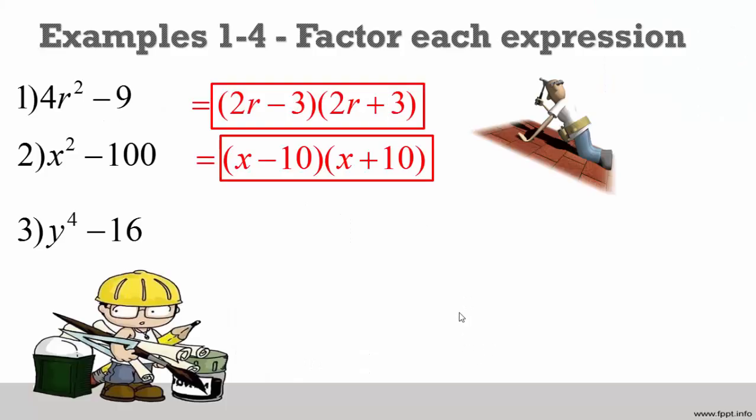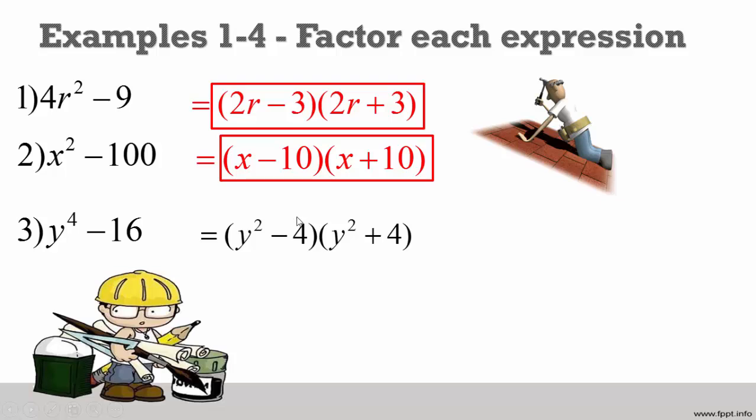Summarizing what I just did on the whiteboard, we factor the perfect square y to the 4th, and that would be y squared, and then 16 would be 4 times 4, and then we have the negative and the positive.